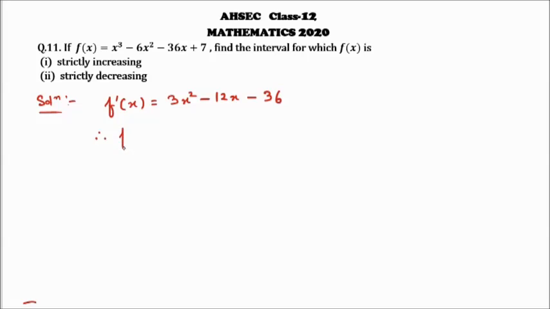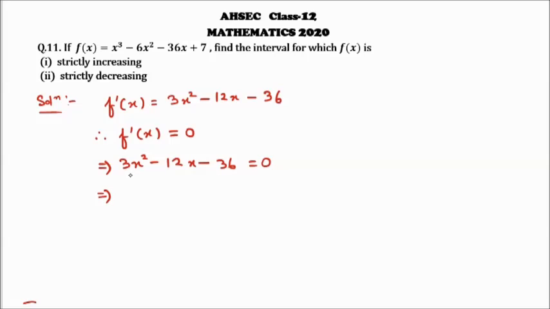So at f dash x equal to 0, this will become 3x squared minus 12x minus 36 equal to 0.